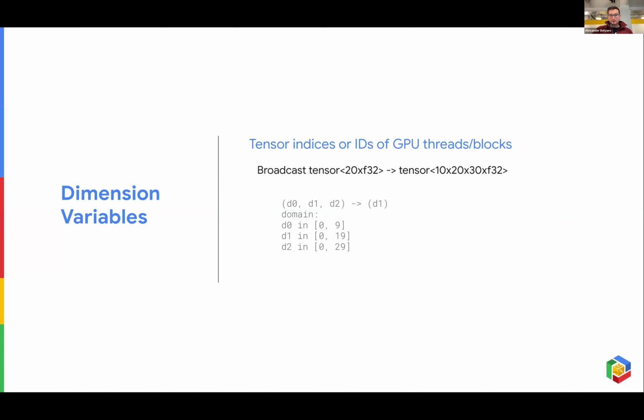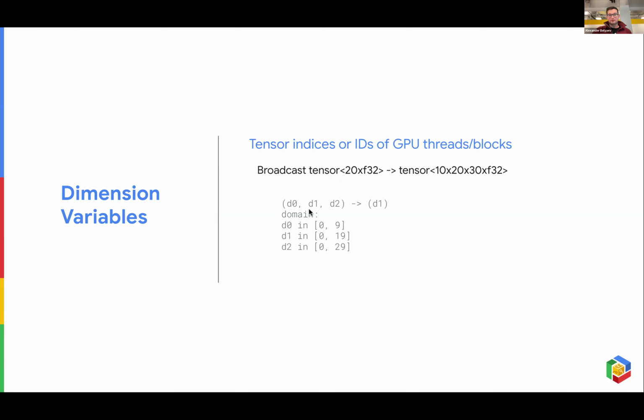Just to give you an example of dimension variables, let's consider a broadcast of a one-dimensional tensor to a three-dimensional tensor. If you want to compute an indexing map from every element of the output to the elements of the input necessary to compute this element of the output, we will get something like that.